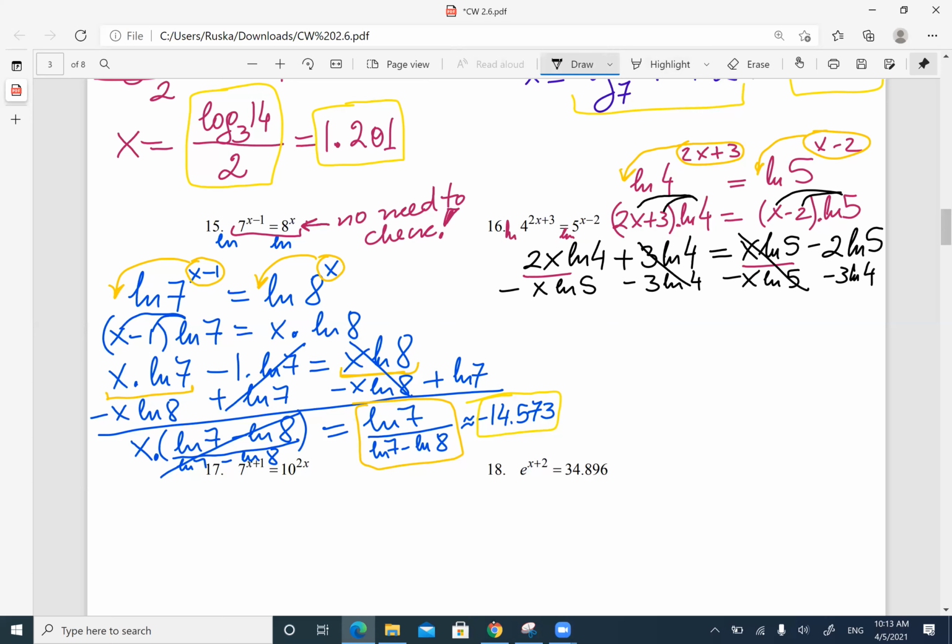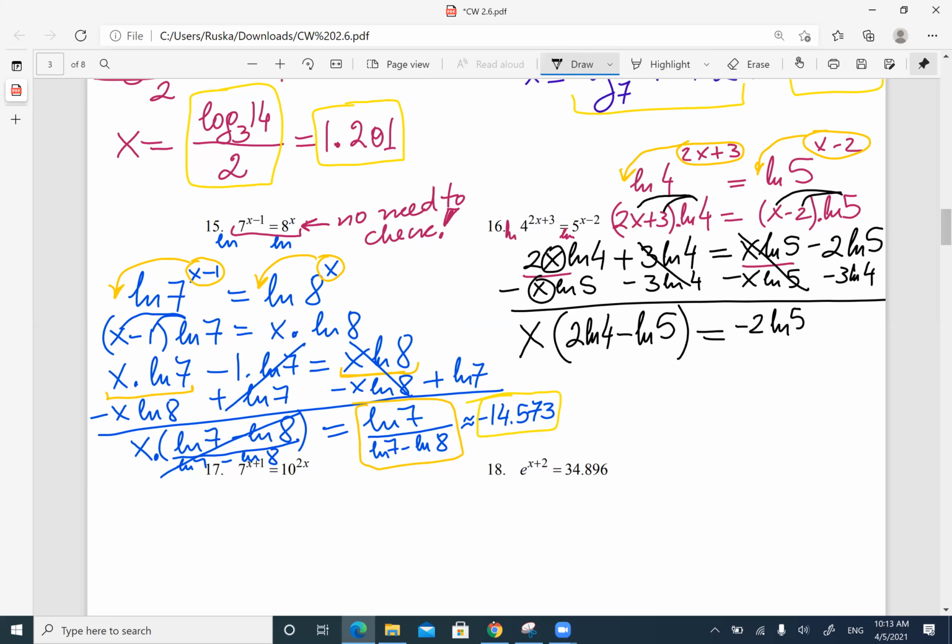These cancel. So when you do that, now again, I'm going to factor x out of both. Both of those have x's, so x in front. And I'm going to write 2 ln 4 minus ln 5 equals, and I'm just going to bring that down, negative 2 ln 5.